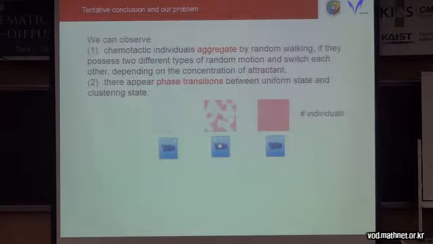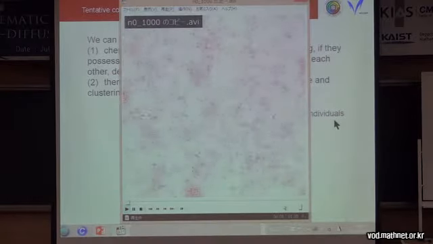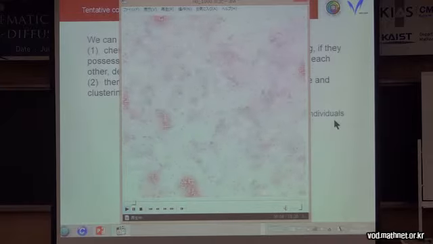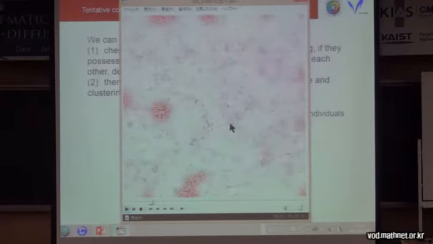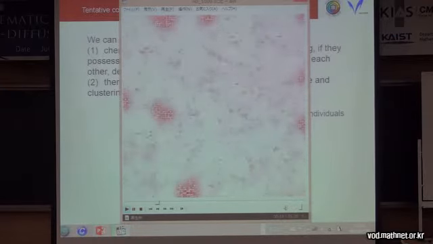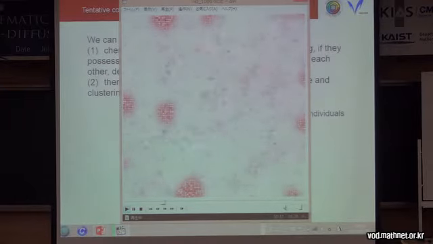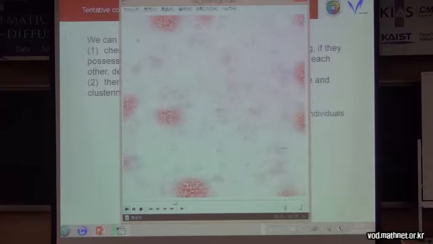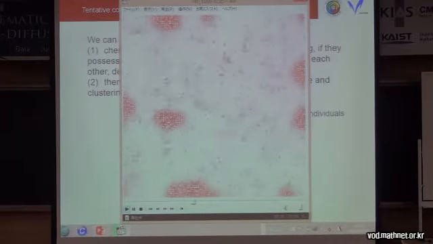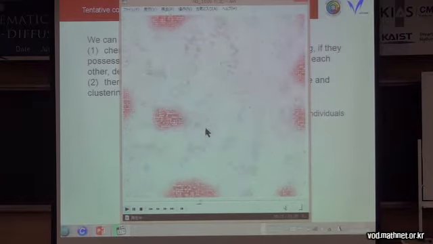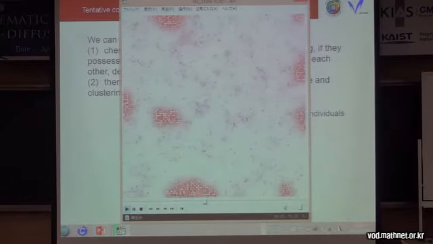But if we put in more individuals, clustering patterns can be observed. Each individual moves randomly; only the velocity of movement changes depending on the concentration of chemoattractant.